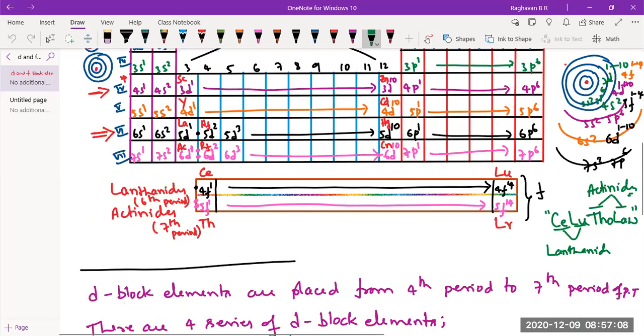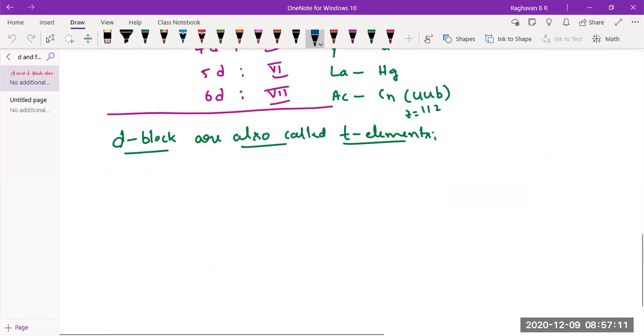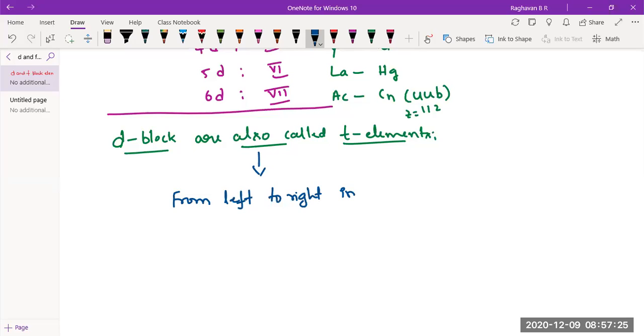So we can simply write one sentence there. From left to right in the periodic table, metallic nature changes to non-metallic nature.